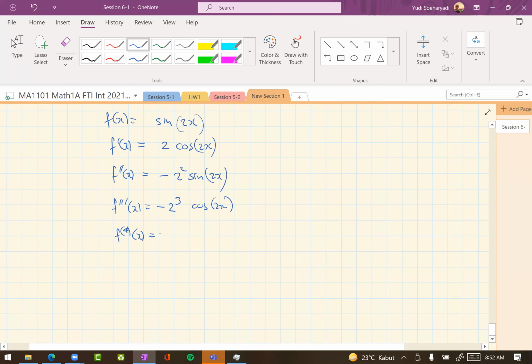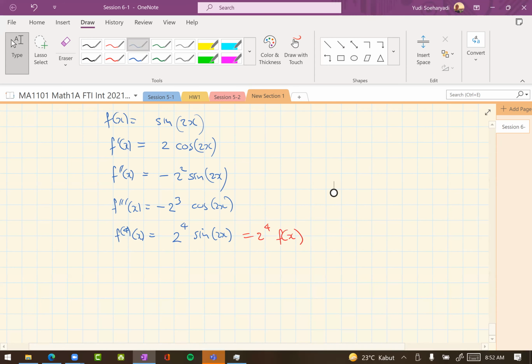Power 4: cosine becomes sine, and the negatives cancel. Okay. So what is this? This is nothing but, there you go.